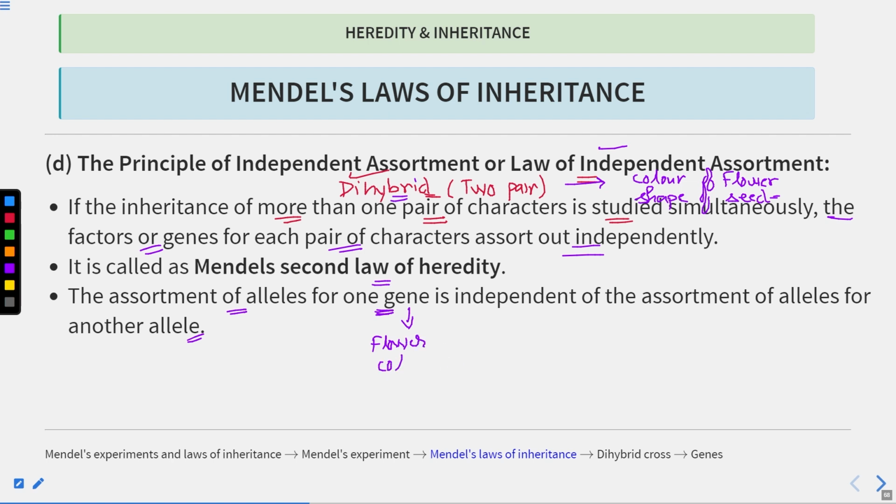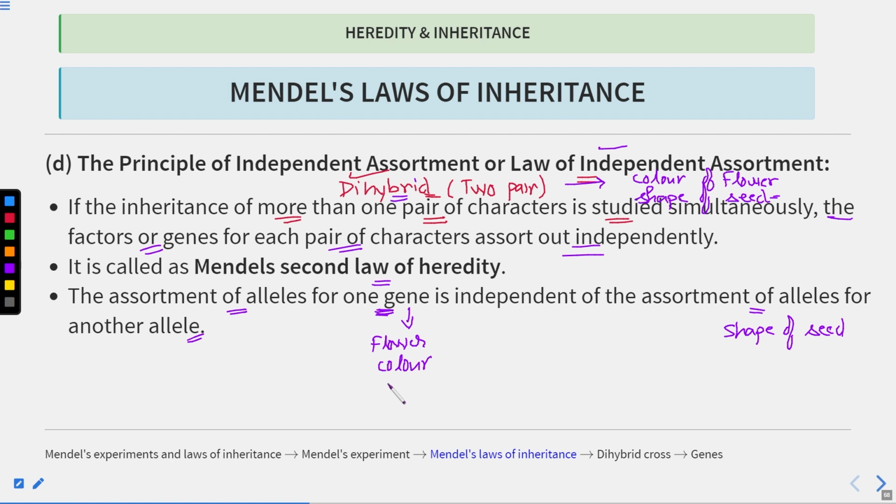So, this is one trait that is controlled by one gene. Here, we take another gene or another character. Suppose we take the shape of the seed.